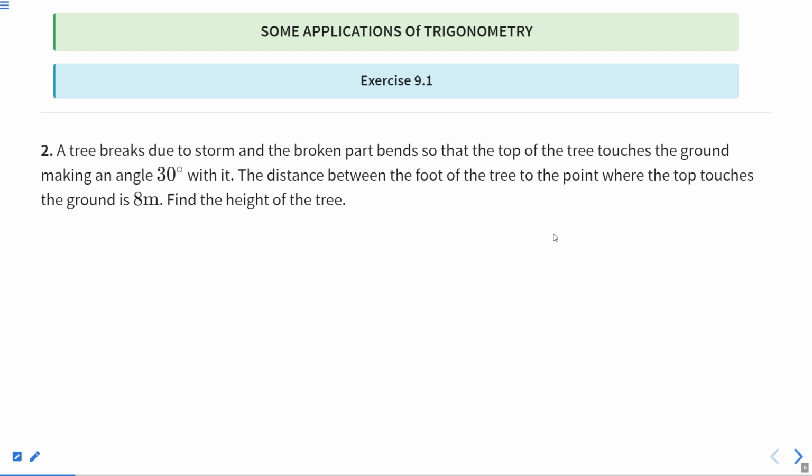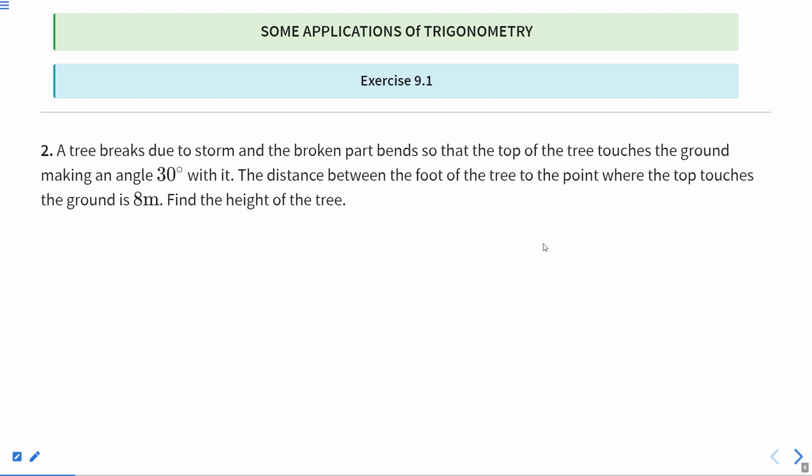The tree breaks due to storm, the broken part bends so that the top touches the ground making an angle of 30 degrees, and we have to find the height of the tree.